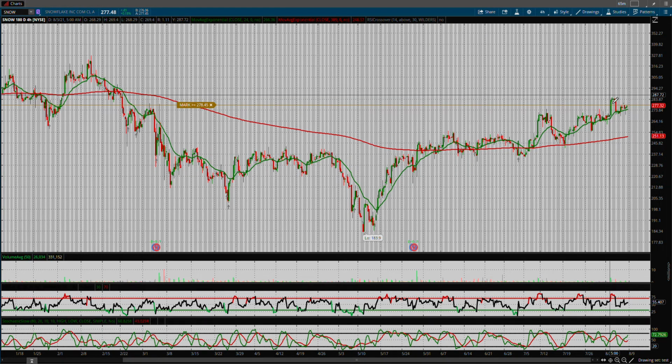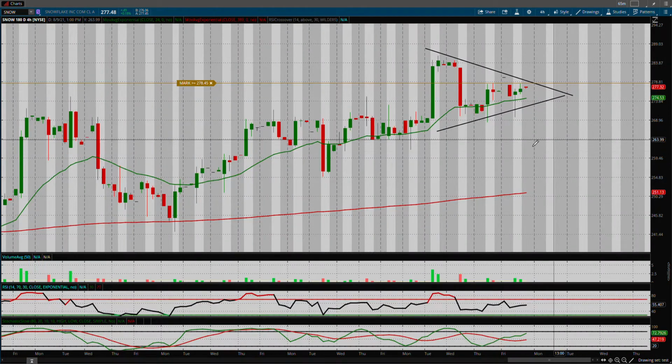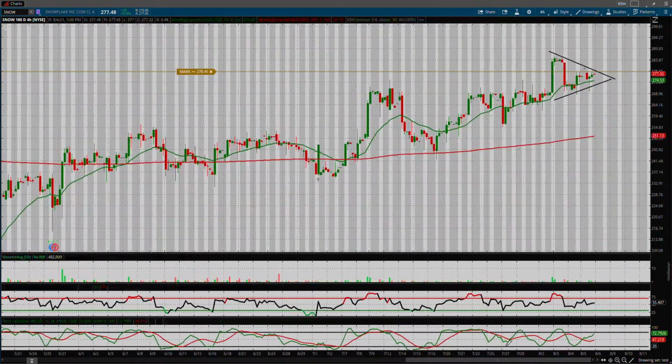We even have a little triangle setting up right here. And this is what I would look for as I'm looking into next week, the most current, most up-to-date setup that I can spot. This is one thing I'm watching into next week: this triangle breakout for SNOW, because it's already in a nice little uptrend.